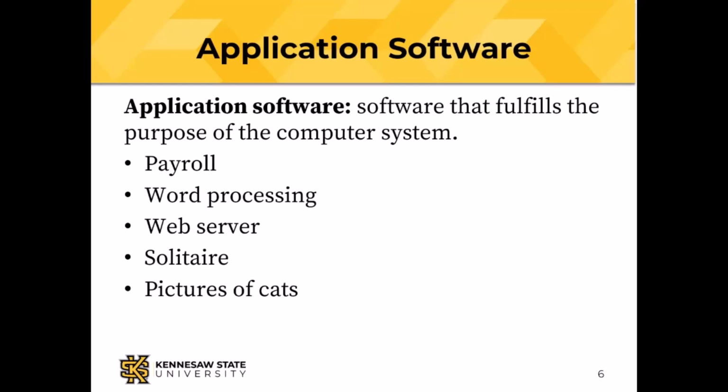In fact, if I could figure out how not to run Windows 11, I'd be a happy man. We do sometimes spend money to fool around with Linux or something like that, but mostly we buy a computer to do something with it other than run the operating system. So payroll, word processing, solitaire, pictures of cats, whatever.